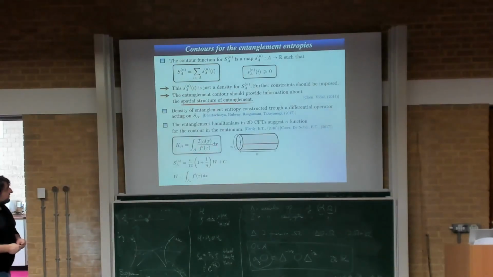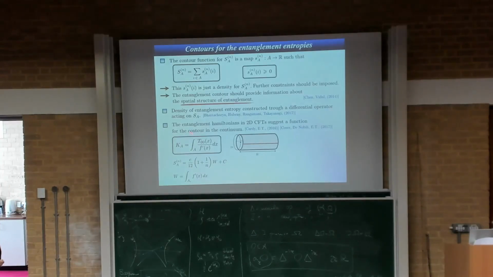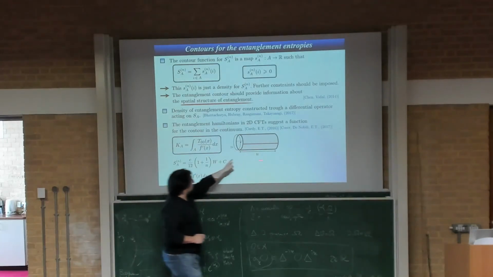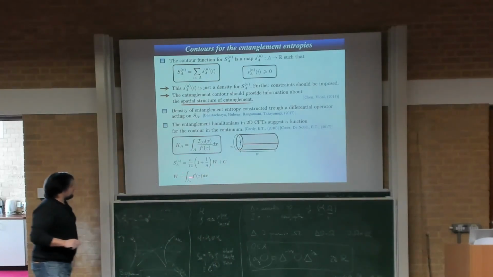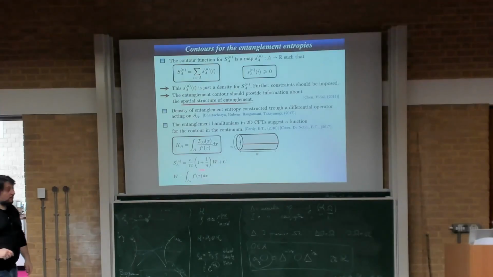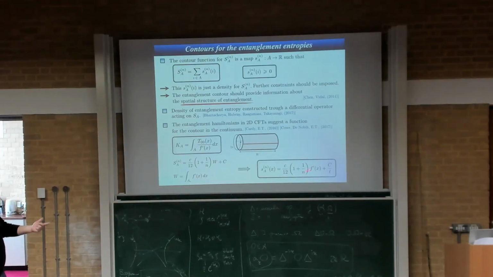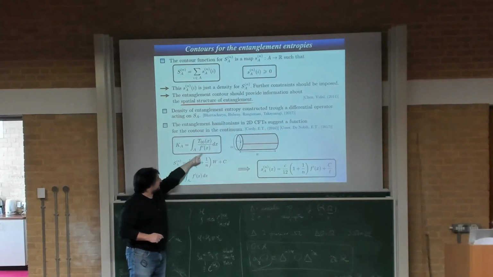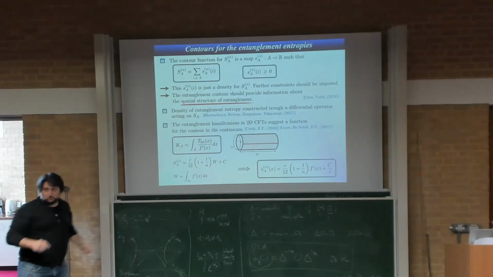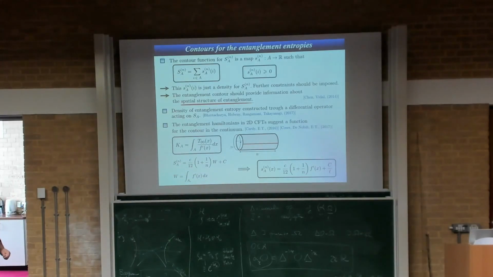It has something to do with our approach, because if you look at your modular Hamiltonian and at the prefactor, which I call beta in general, it is a geometric fact that the length of this cylinder is precisely the integral of this f prime. Then it is natural to say that, if I know this f prime, I have a candidate for the contour function, a candidate for my spatial density of entanglement.